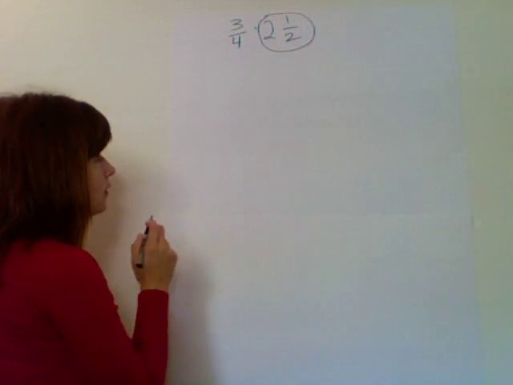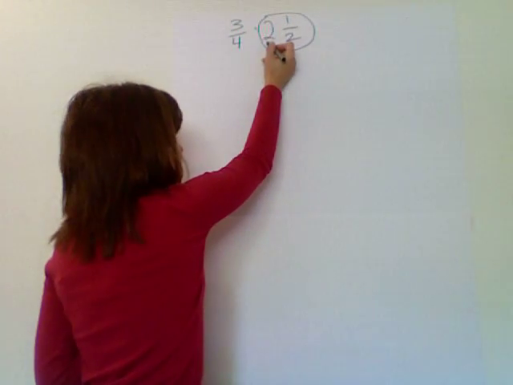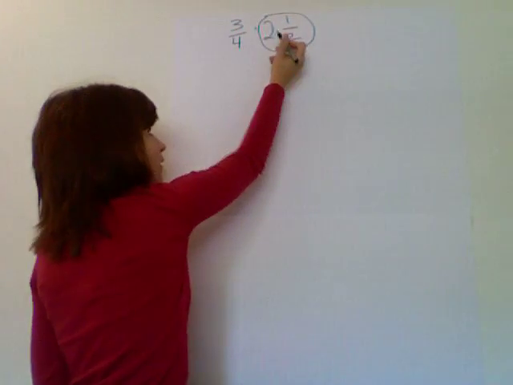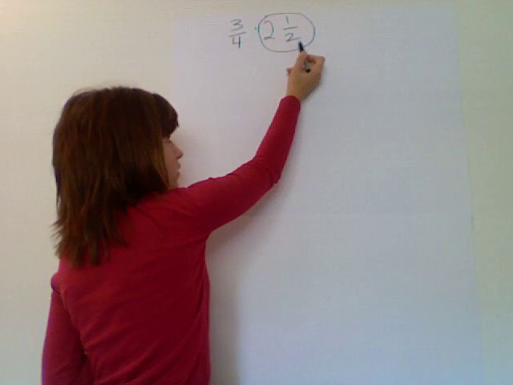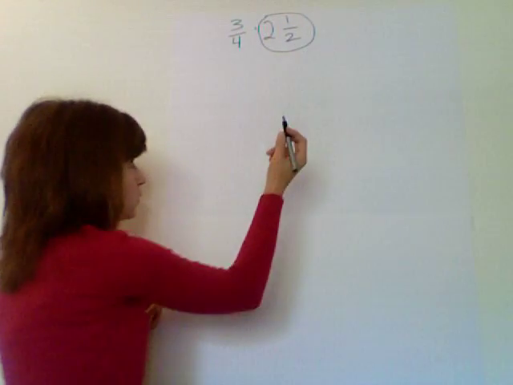So in the area model, we can represent this by drawing two squares because of this 2. Then we're gonna need a third square because we still have 1/2. We're gonna take half of the third square.